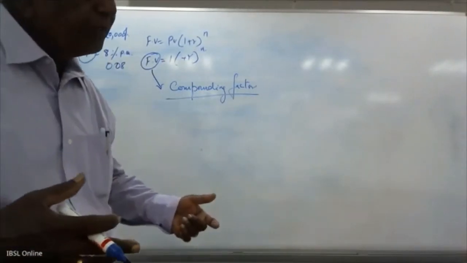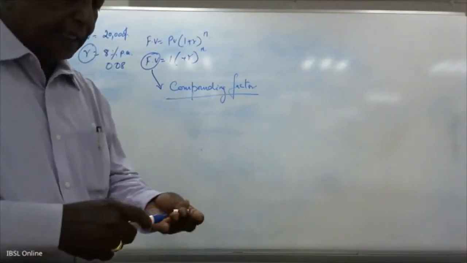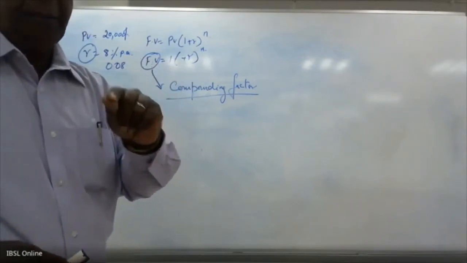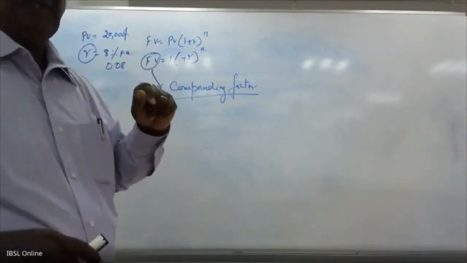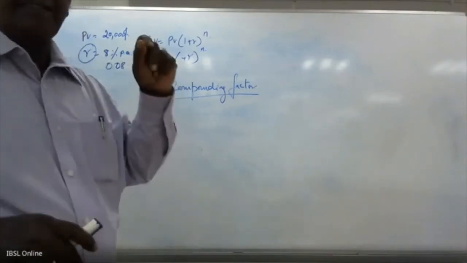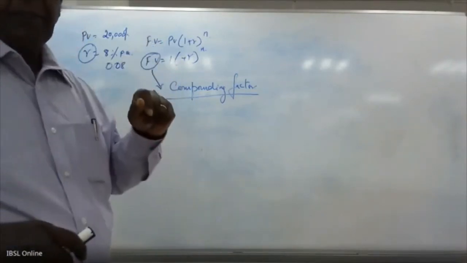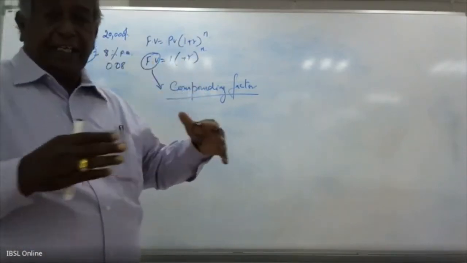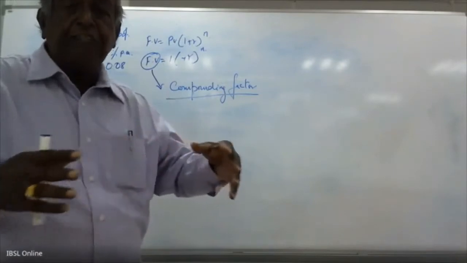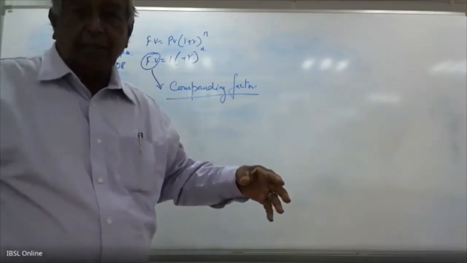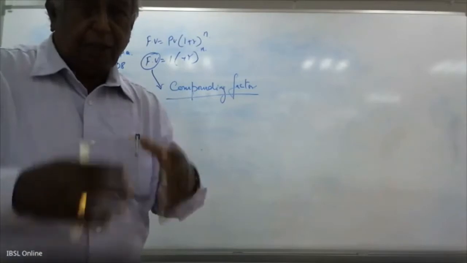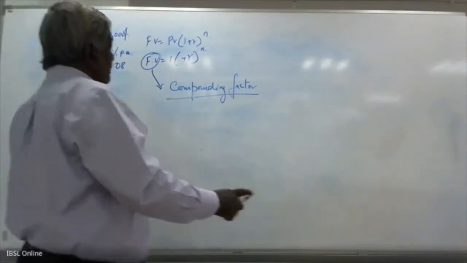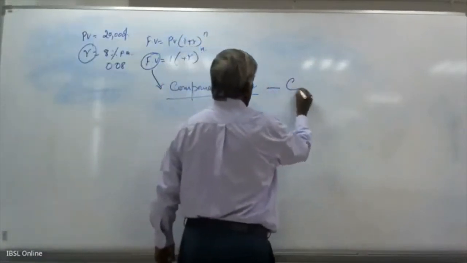So what is compounding factor? The future value of a present 1 rupee, for various interest rates or compounding rates and for various periods, is called the compounding factor. This compounding factor is given in compounding tables.